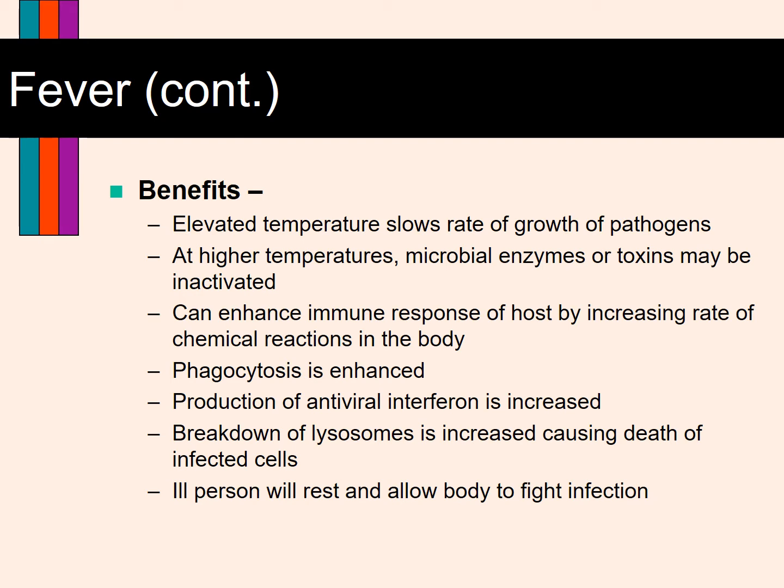It's not the optimal temperature for microbial enzymes or their toxins, right? We just mentioned that the exotoxins could be enzymes. So at that higher temperature, bacterial growth would slow, and also the toxins or the enzymes might not be functional. They could be inactivated.